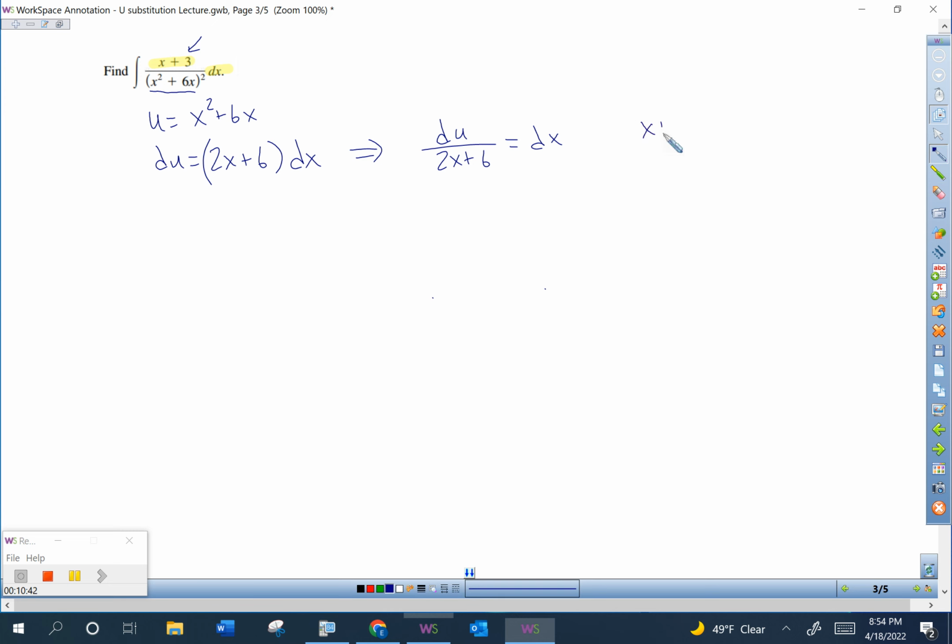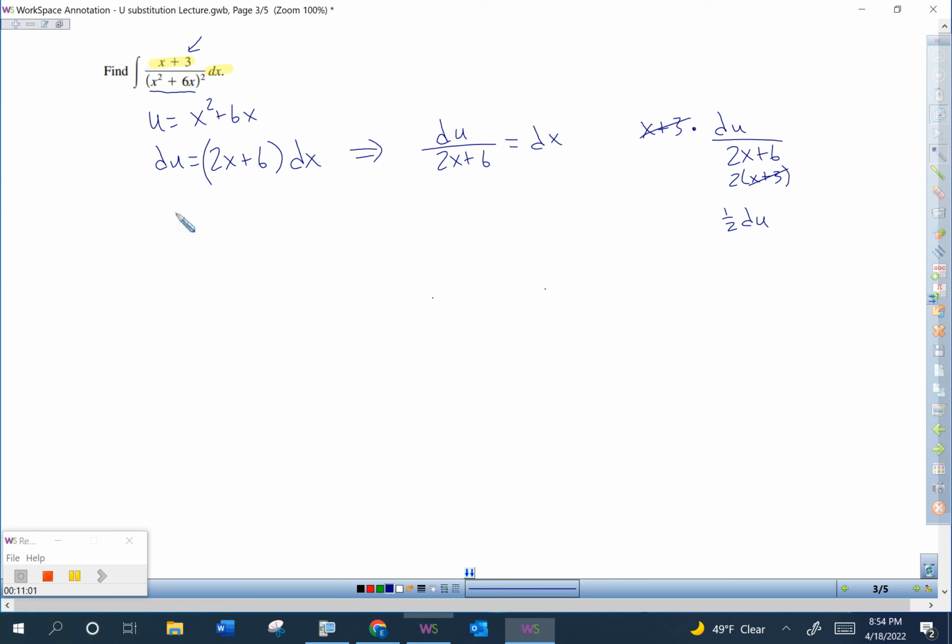So x plus 3 times du over 2x plus 6. This one's a little bit tougher to see, but there's a GCF here that you can factor out. And there's our 1/2 du.